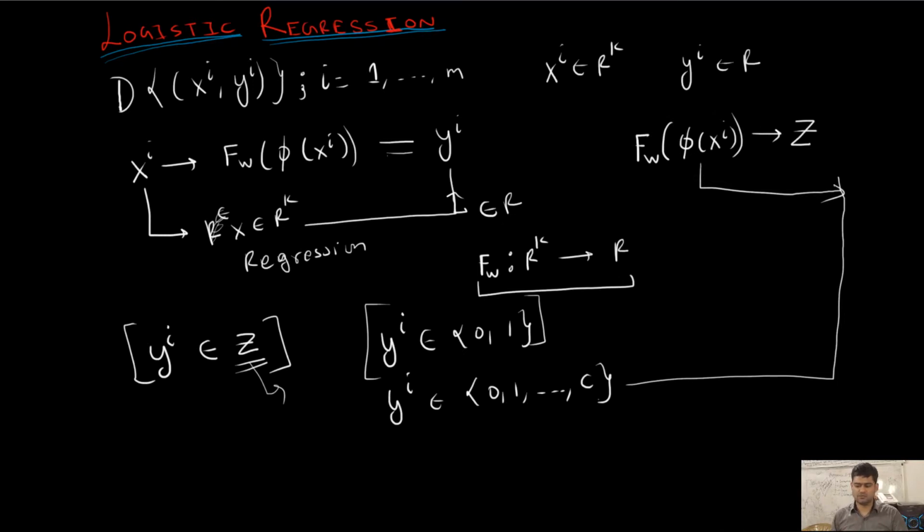So this kind of problem is known as a classification problem, where the output is some discrete value, or you can say these discrete values represent some class. So perhaps 0 represents one class, and c represents the c plus 1th class.